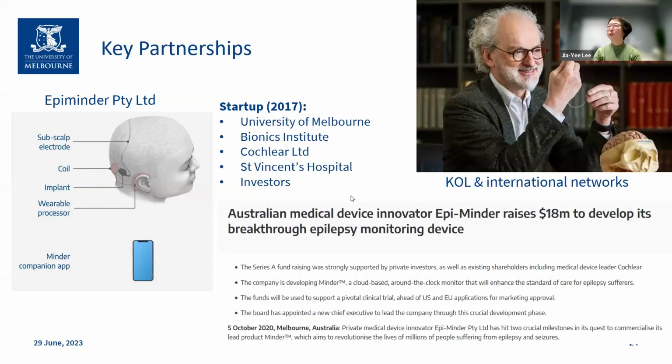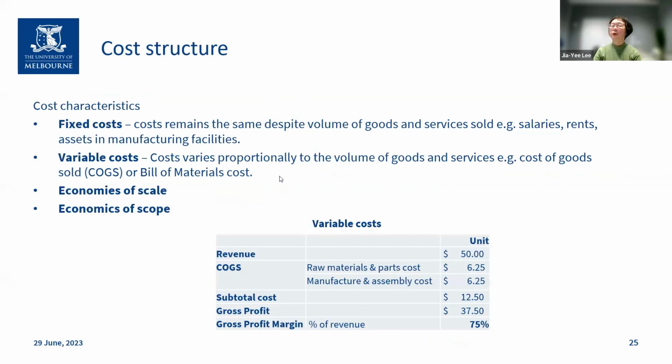And then more recently, they found a group of investors who, as a result, led Epiminder to receive $18 million in revenue. Well, why do they need so much money? Well, you need a lot of money to undertake clinical, to validate your technology through clinical trials. So these are examples, again, of how important key partnerships are.